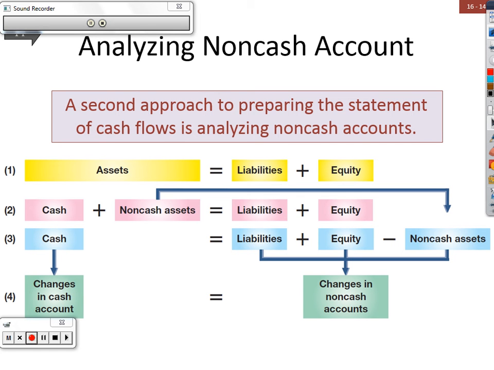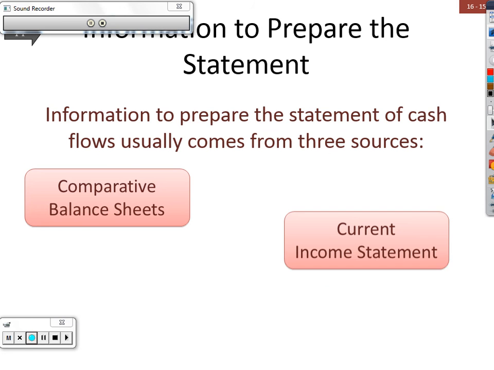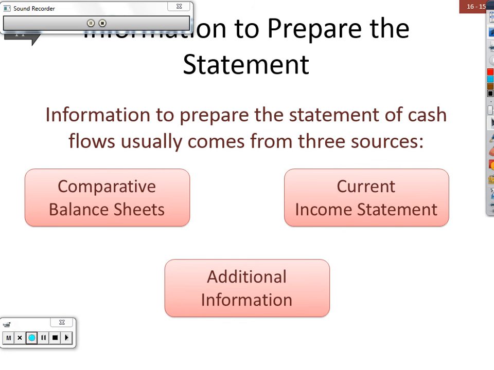Changes in the cash account are also going to reflect the same changes in non-cash accounts on the other side of the equation. That is basically what this is saying. So what are the things that you need to prepare the cash flow statement? Comparative balance sheets. The reason you need the balance sheet is because of what?